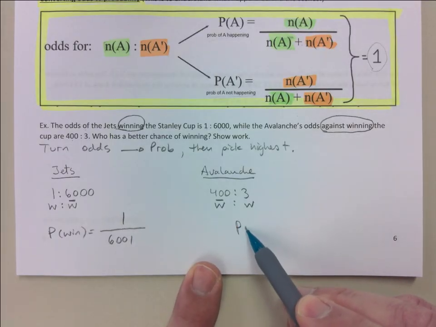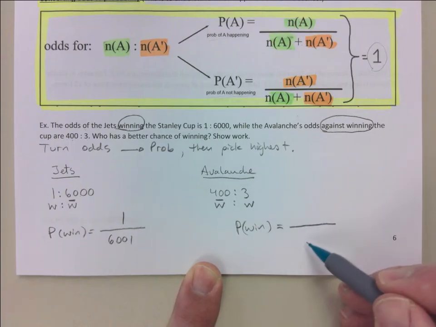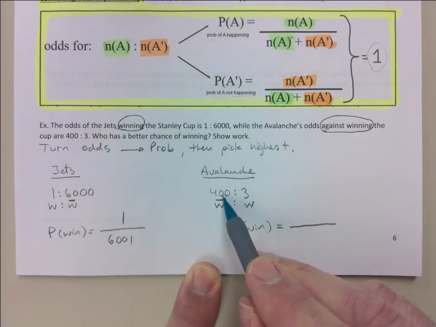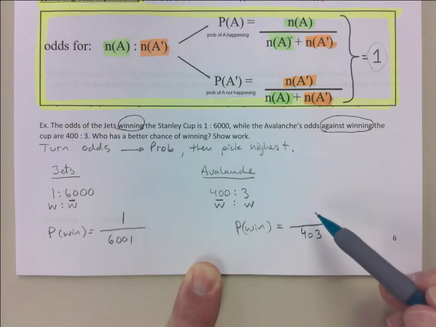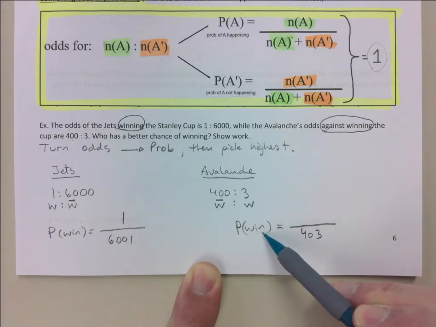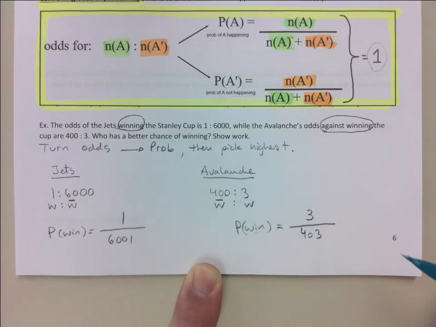For Avalanche, what's going to go in the denominator? 400 plus 3, correct? 403. What number goes up top if I want probability of winning? The 3. We're almost there. Can you tell which one is going to have a higher chance of winning?